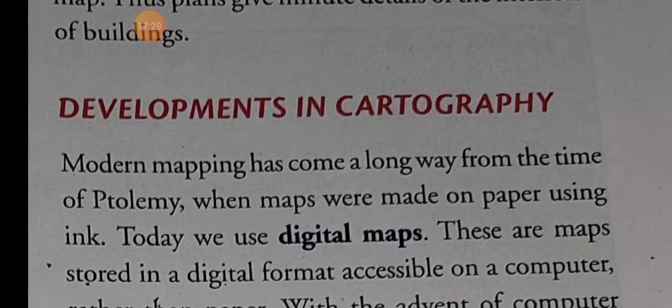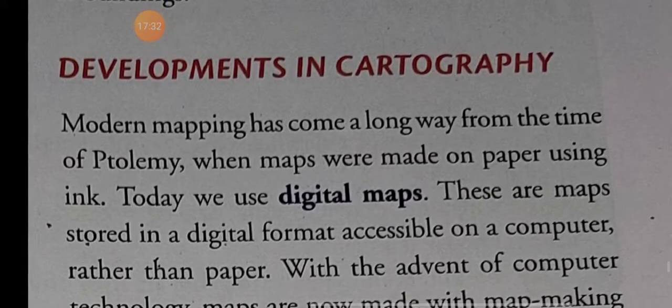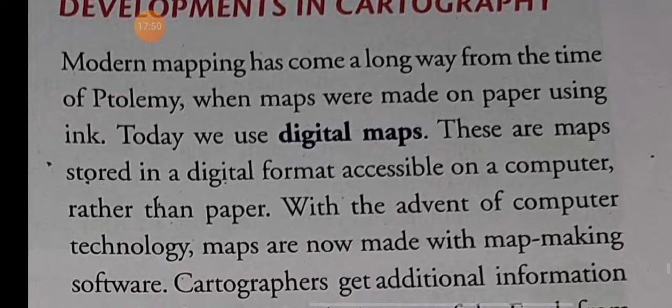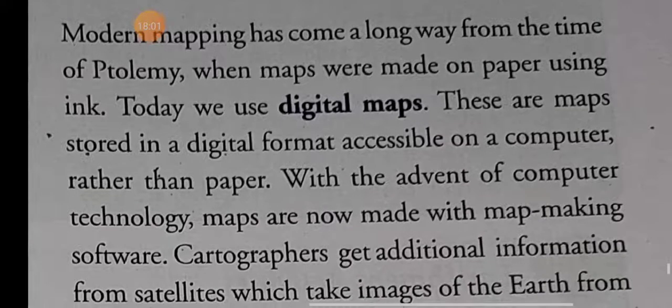Developments in cartography. Modern mapping has come a long way from the time of Ptolemy, when maps were made on paper. Previously the cartographers made or drew the map by using paper and ink. Now today we use digital maps. These are maps stored in a digital format, accessible on a computer. We can store all these maps in a computer rather than on paper.